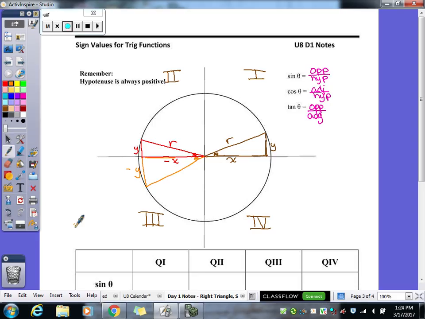And again, our r still positive. And then over here in our fourth quadrant, completing our little bow tie, we got our theta over there in the corner. So this time we have a positive x, a negative y, and again, still a positive r.